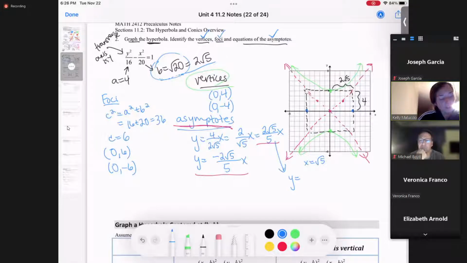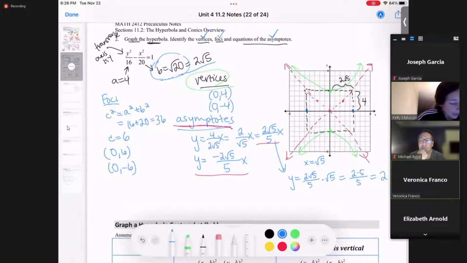So if I plugged that in, I would get 2√5 over 5 times √5. I was doing that to get rid of the √5, and I was doing this in my head, so maybe I did this wrong. So √5 times √5, this would be 2 times 5 over 5, which is just 2, right?